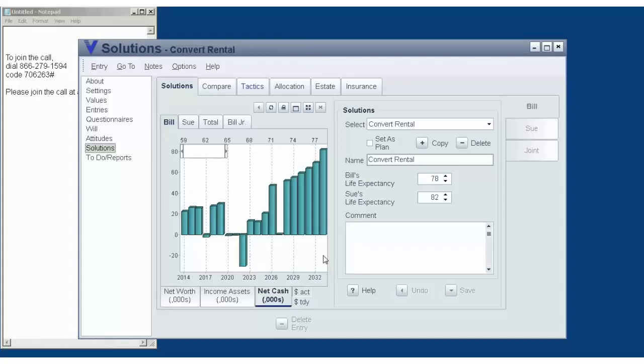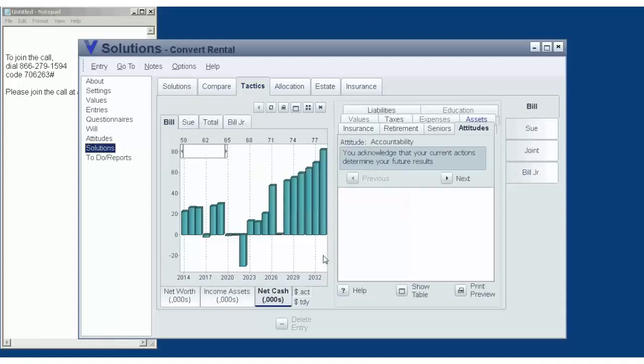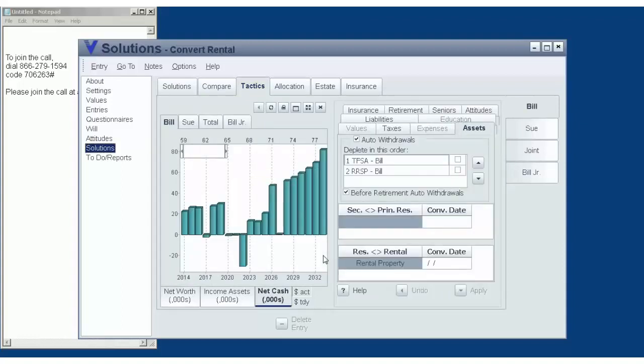the Assets sub-tab, and I want you to notice these two tables. We have the ability to take secondary residences, convert them to principal residences by just putting in a conversion date, or take a principal residence and convert it back to a secondary residence.